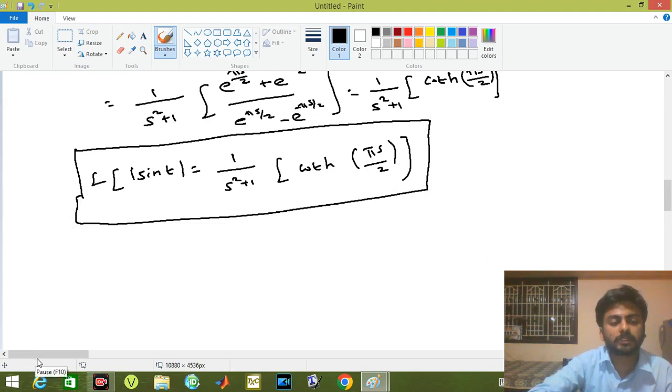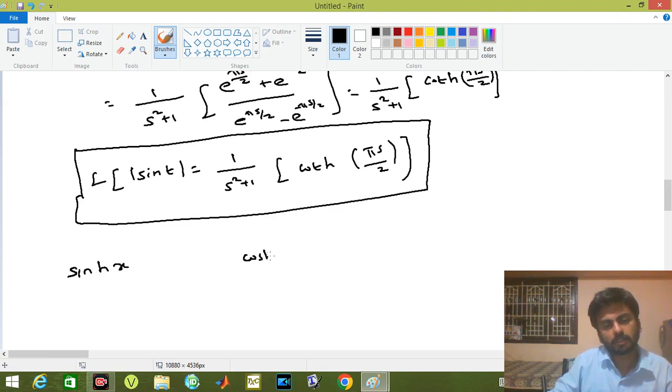Can you take down the expressions relating the exponential terms with the hyperbolic trigonometric terms? Take down sinh x, cosh x and tanh x. So sinh x is e power of x minus e power of minus x by 2.